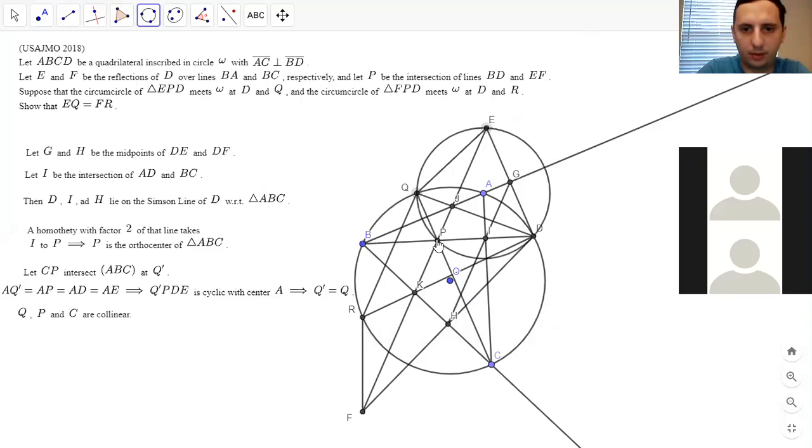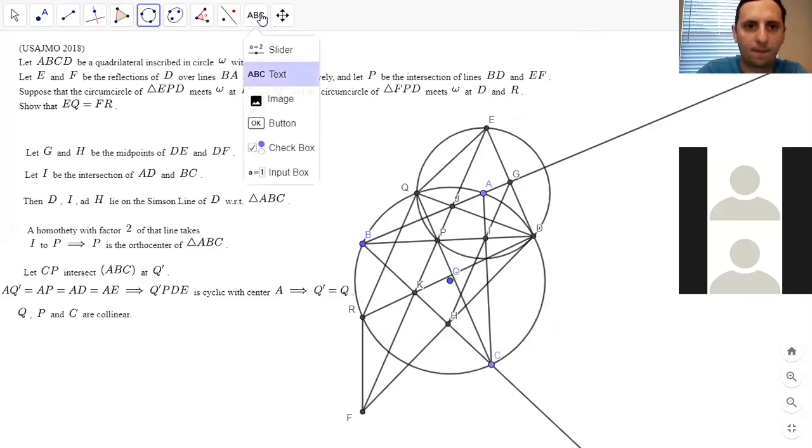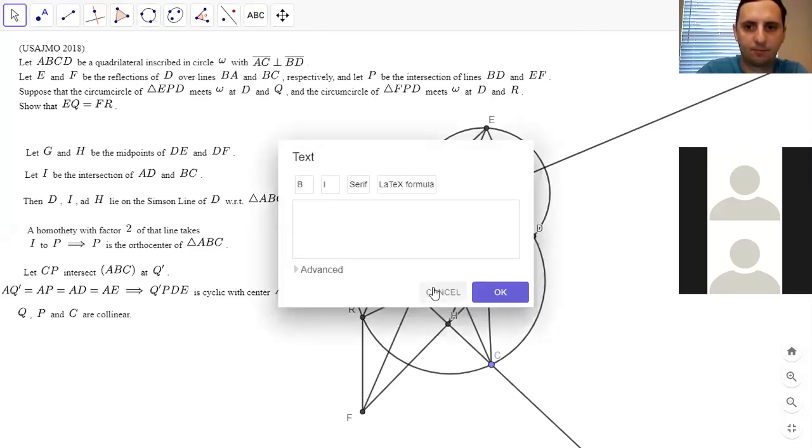So similarly, we have R, P, and A are collinear. All right.